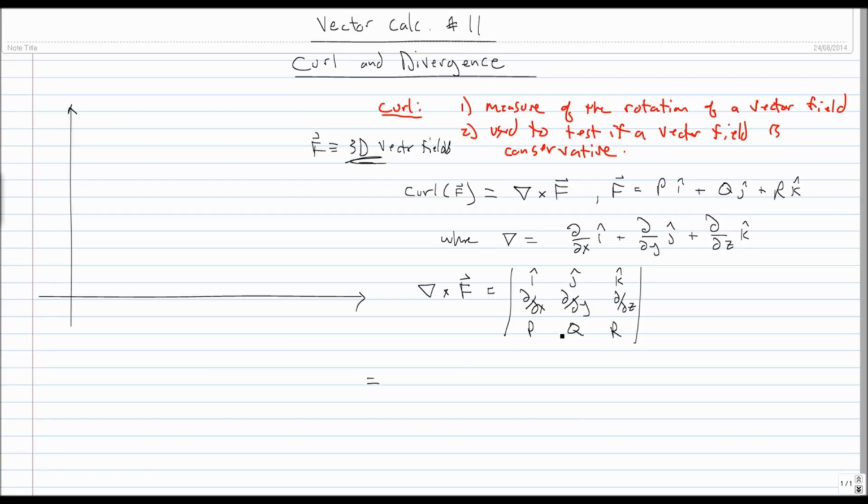Okay, so when you work this out, you ignore this first column and this first row, and you take the subdeterminant here, so you take the partial of r with respect to y, subtract from that the partial of q with respect to z, and that will be in the i hat direction. When you do the j component here, it's the partial of r with respect to x, take away the partial of p with respect to z in the j hat direction, and lastly in the k hat direction, it's this guy here.